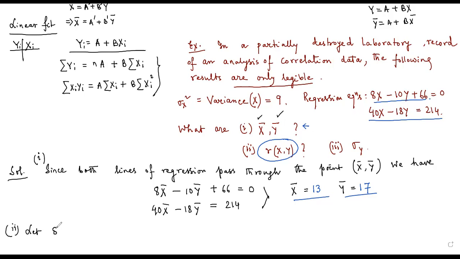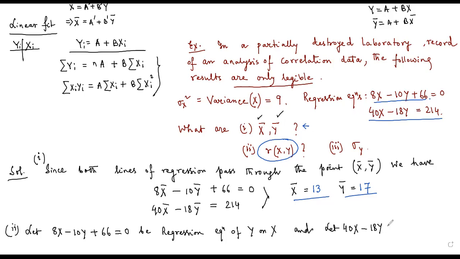So we consider, let 8x minus 10y plus 66 equal to 0 be the regression equation of y on x, and let 40x minus 18y is equal to 214 be the regression equation of x on y.